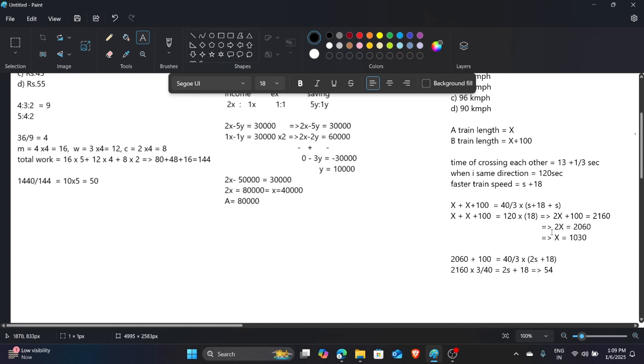Multiplied by 3 and divided by 40, and then it is subtracted by 18, and equal of only 2x, 2s is remaining.